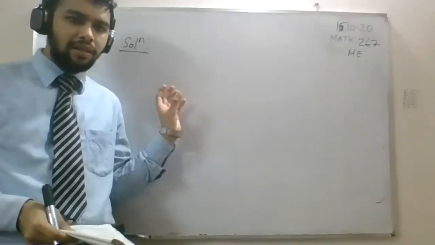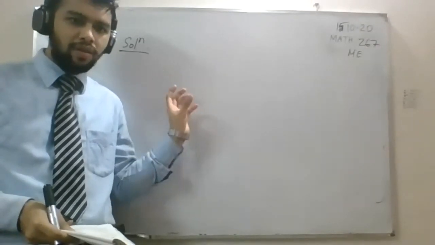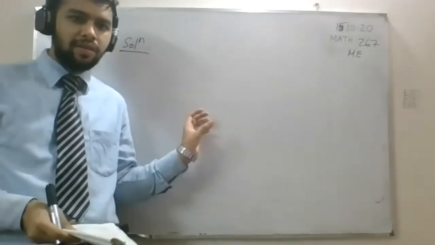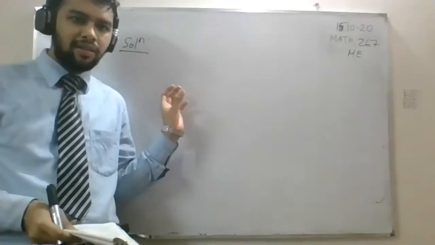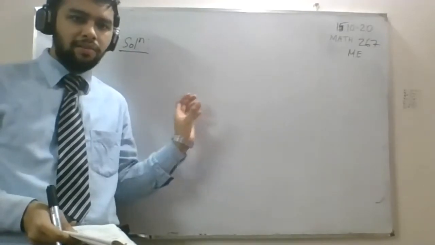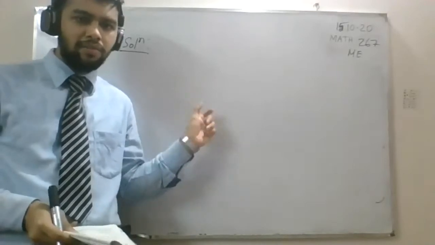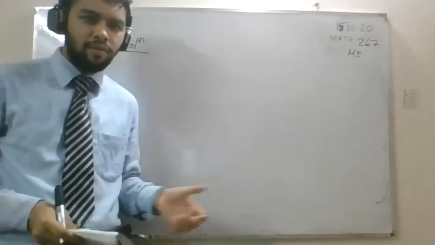But to find out the number of poles, you have to use the denominator equals to 0. So however many zeros you get, that is the number of zeros, and similarly the number of poles.